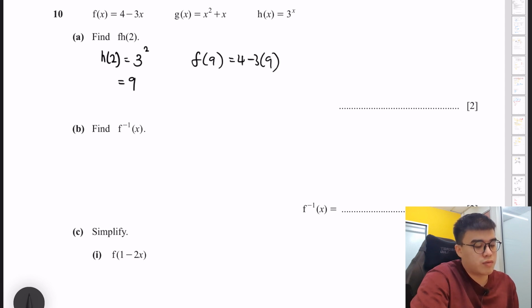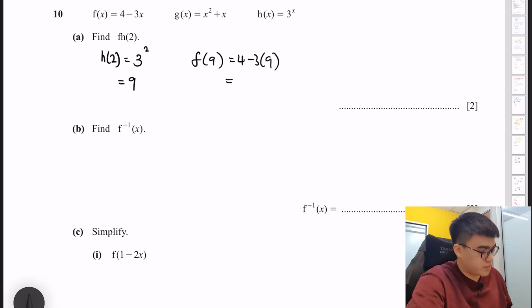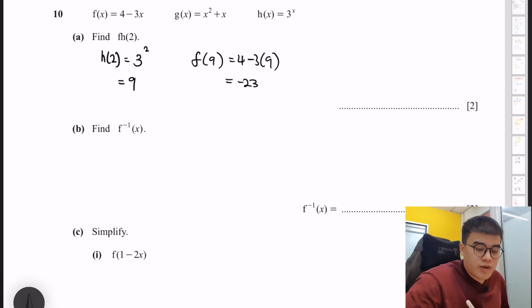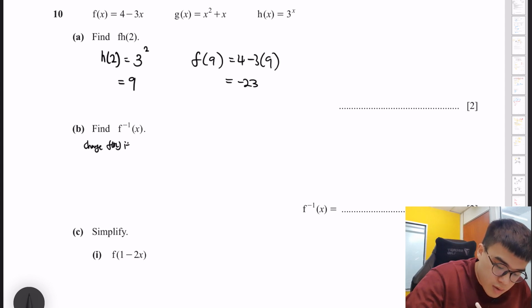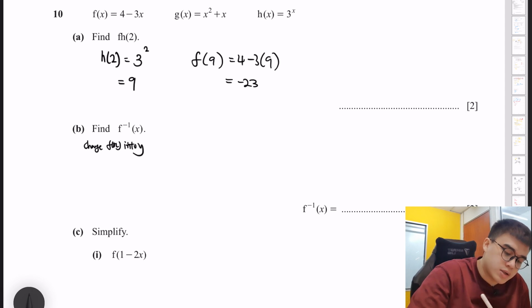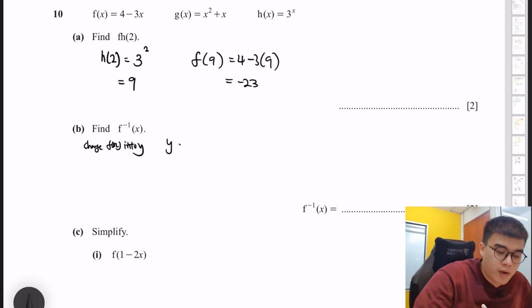You will get the result as above, which is negative 23. To find the function inverse, remember the 3 steps. Change f(x) into y. So this is our step 1, where I write y equals 4 minus 3x.